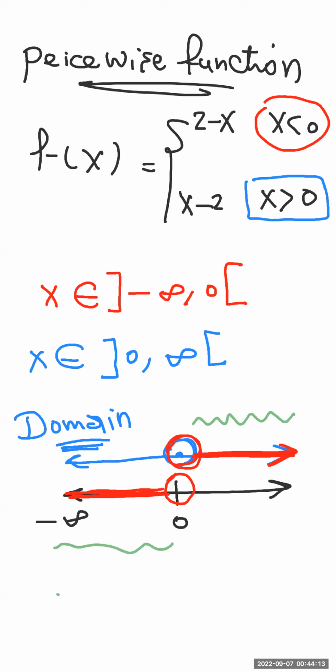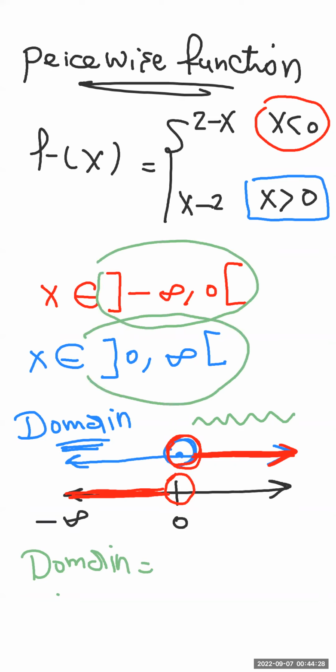So what do we mean by and or plus? Simply we can say that the domain will equal this interval union this interval, negative infinity and 0 union 0 and infinity.